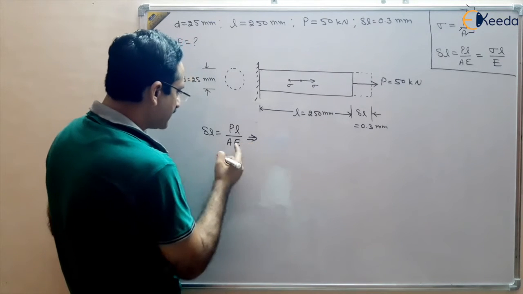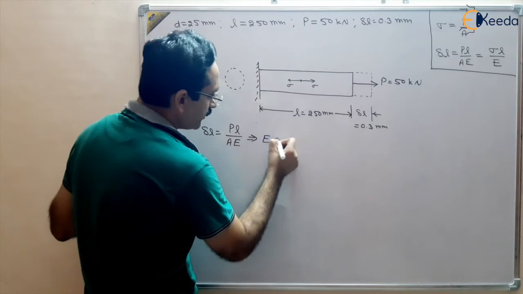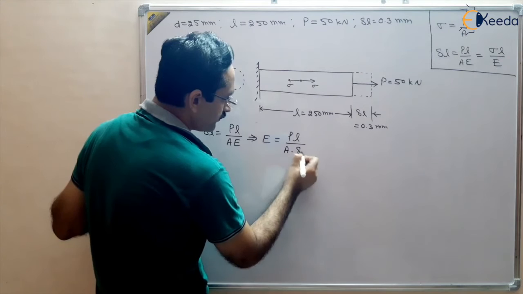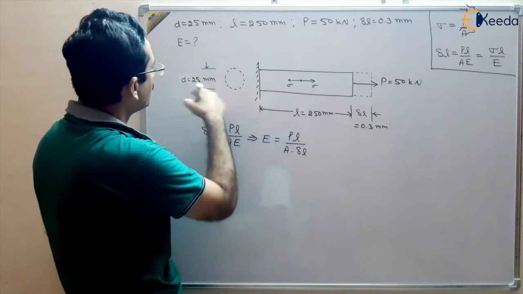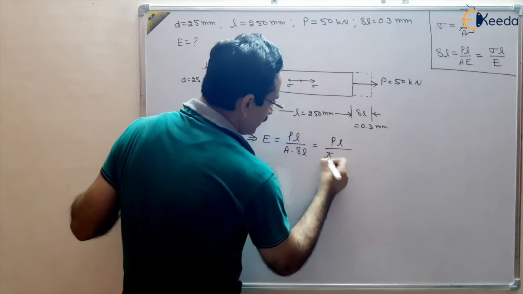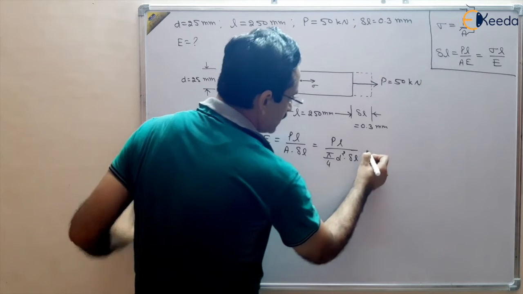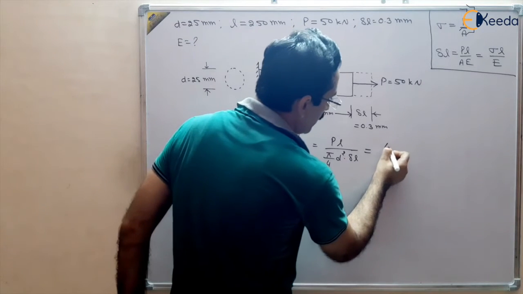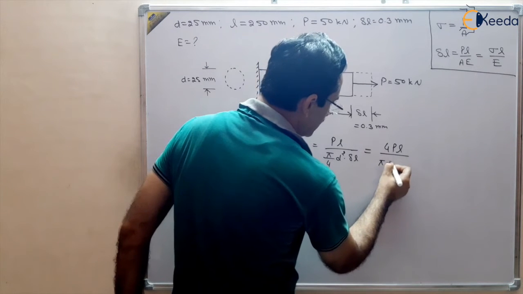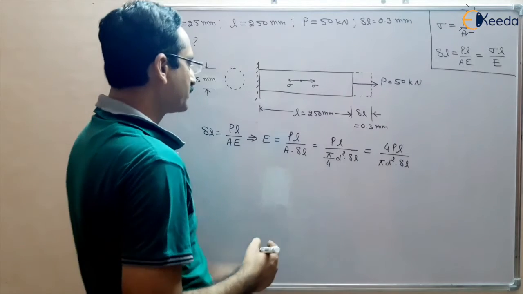So this implies E will be equal to PL upon A delta L. And because this is circular, we can write PL upon pi by 4 d square into delta L, which will be equal to 4 PL upon pi d square delta L. So this is our modulus of elasticity.